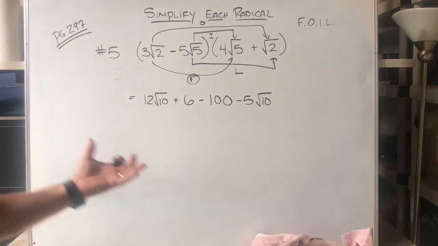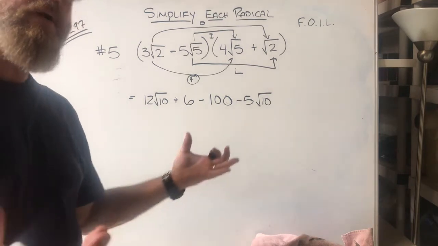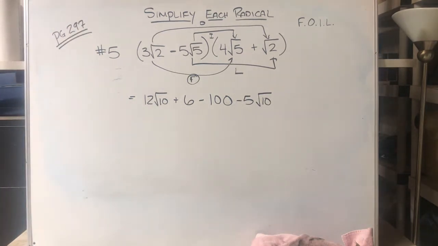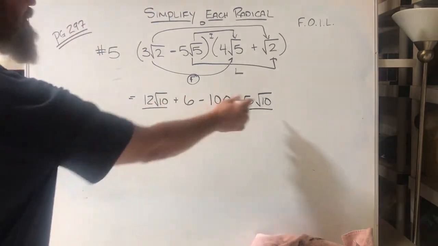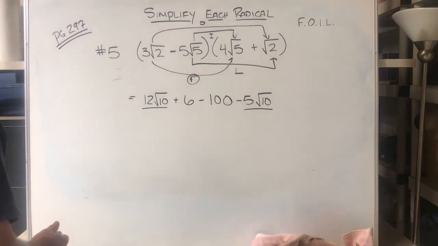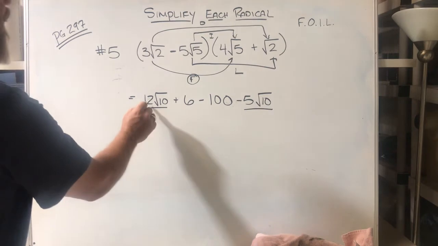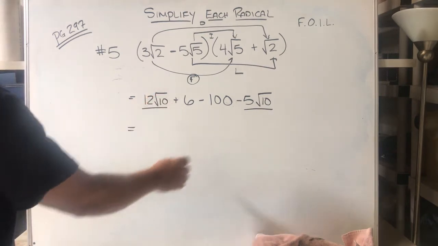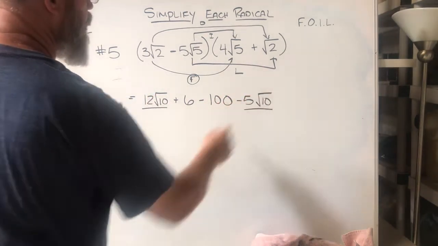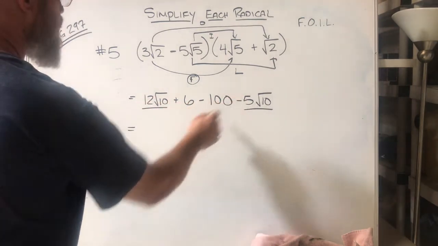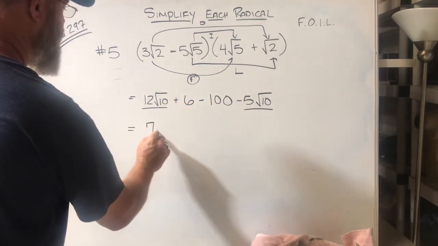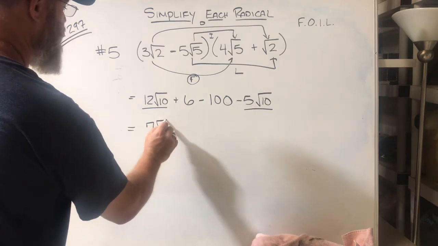And now we can add our like terms. We could certainly add these together because they have the exact same radical. So when you have 12 times the square root of 10 minus 5 square root of 10, that is just 12 minus 5, so that's 7 times square root of 10.